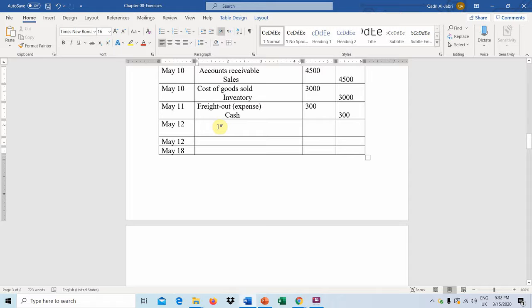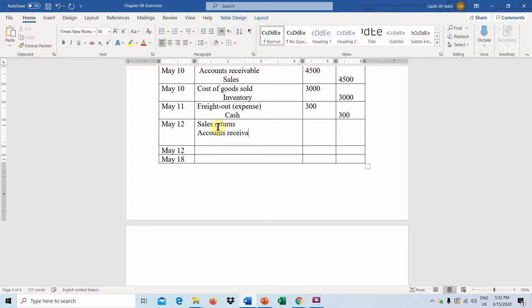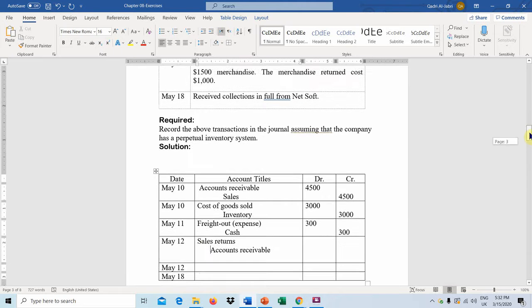The first one, I will debit sales returns and I will credit accounts receivable by the selling price.